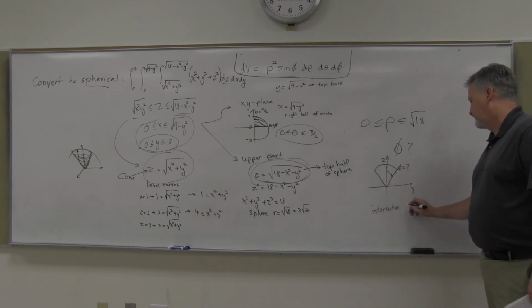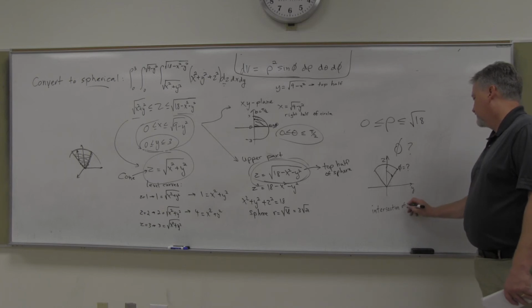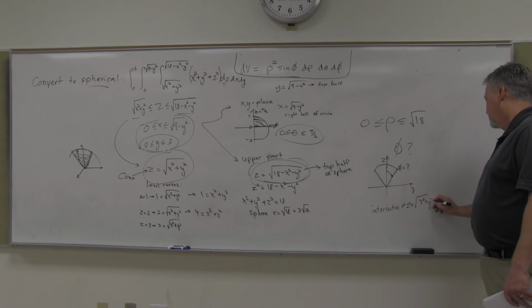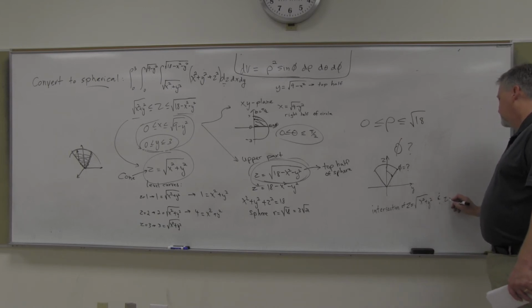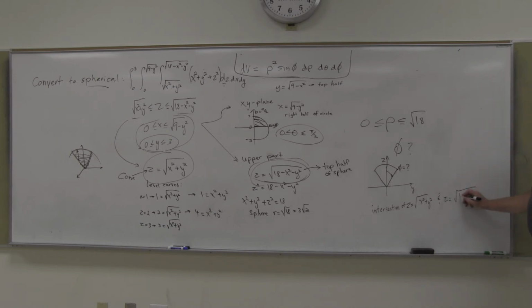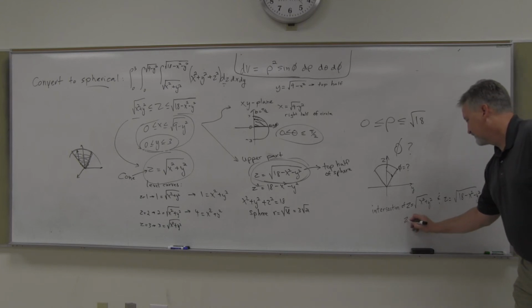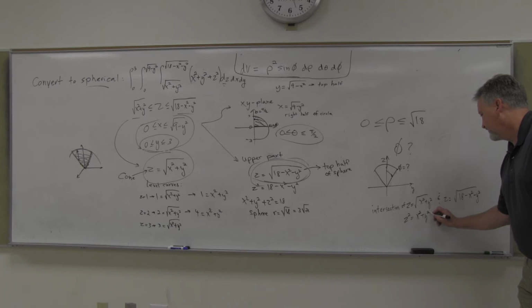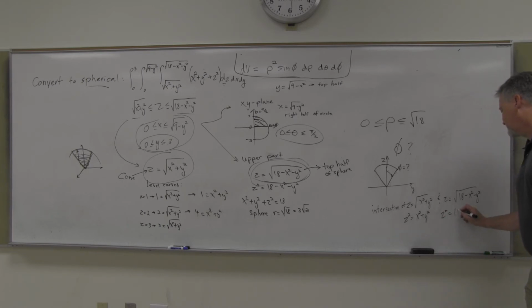So to figure this out, we need to figure out the intersection of z equals the square root of x squared plus y squared, and z equals the square root of 18 minus x squared minus y squared. But probably a better format if we go to z squared equals x squared plus y squared, and z squared equals 18 minus x squared minus y squared.